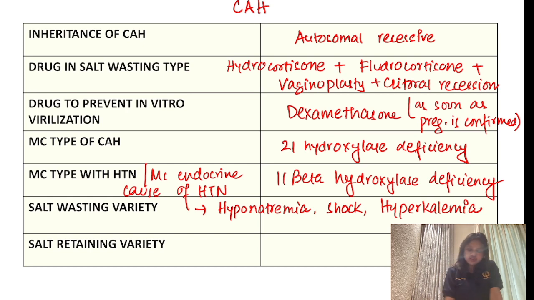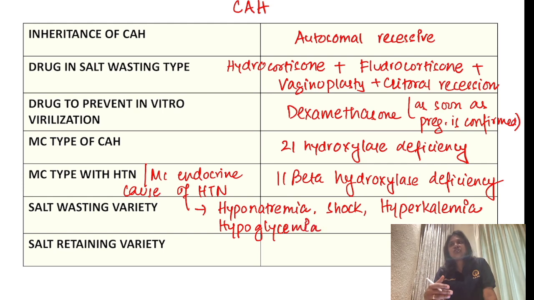Because of cortisol deficiency, we are going to get hypoglycemia. And there is increased ACTH, and there is increased formation of POMC, that is an intermediate, which results in hyperpigmentation, so clitoral hyperpigmentation.